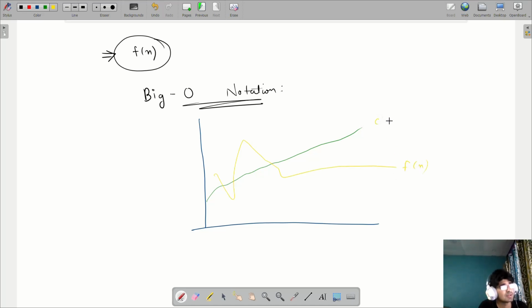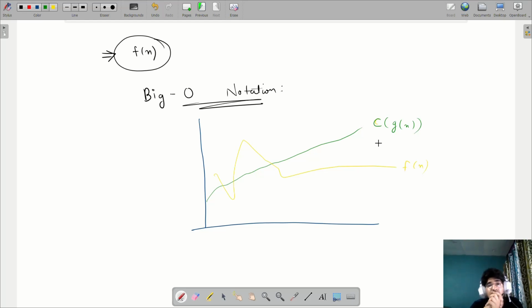Then let's call it c g(n). Okay, let's understand this first. What it actually means is that the function f(n) can be called equivalent to c g(n), right? This means that for larger values of n, the upper bound of f(n) is g(n).